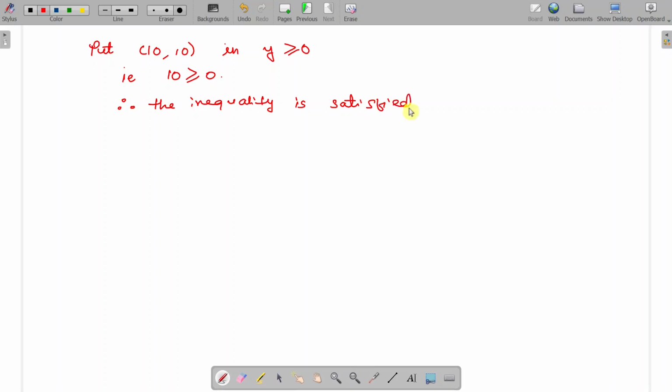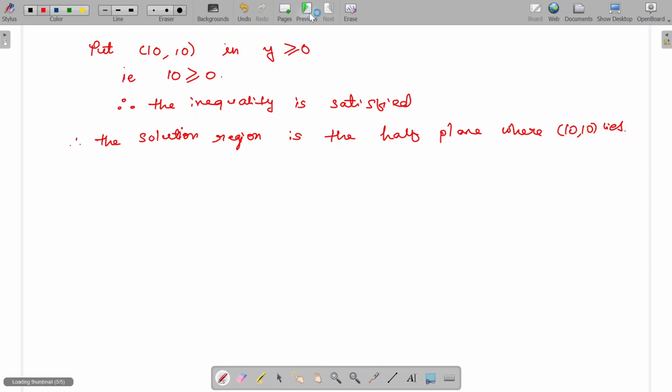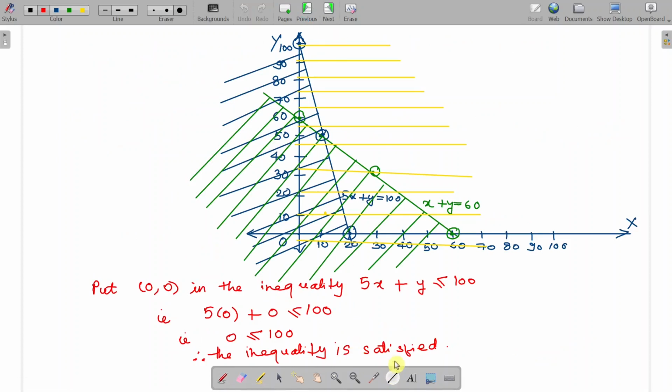Okay, so therefore the solution region is the half plane where 10, 10 lies. Okay, so y equal to 0 is this line, x axis. 10, 10 is above that. So the solution region will be this.